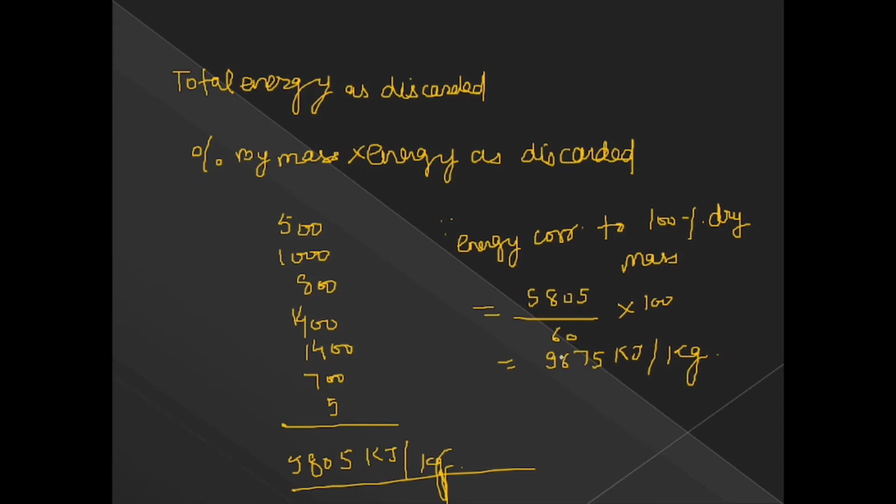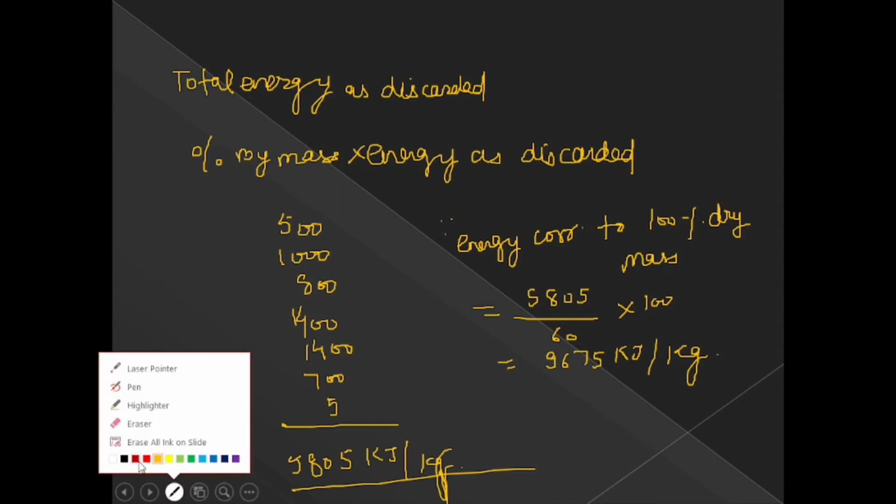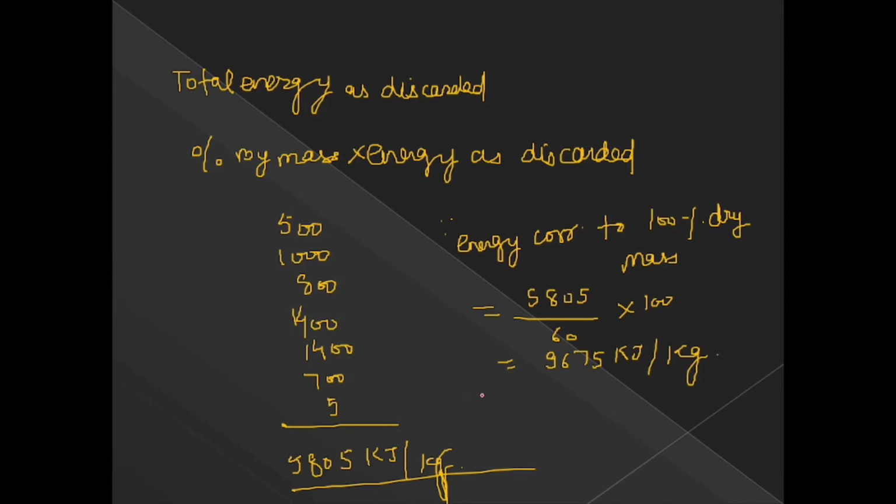So what is the main difference? The difference of energy will be equal to the dry basis value, 9675, minus the discarded state value, 5805.